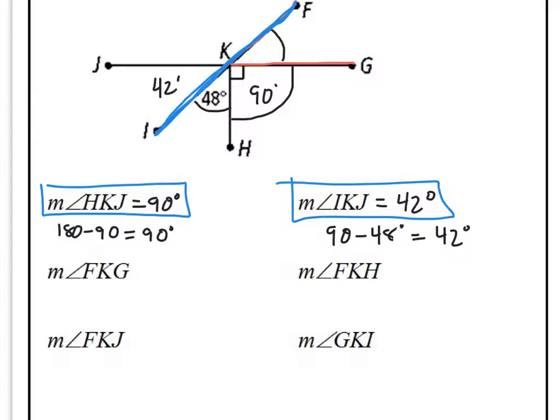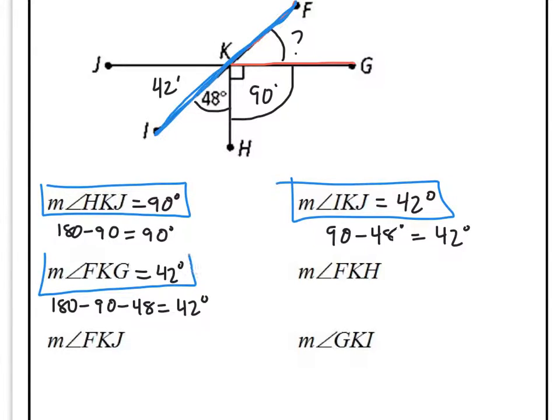So I can take 180 degrees minus 90 minus 48, and that gives me 42 degrees. So that's the measure of angle FKG.